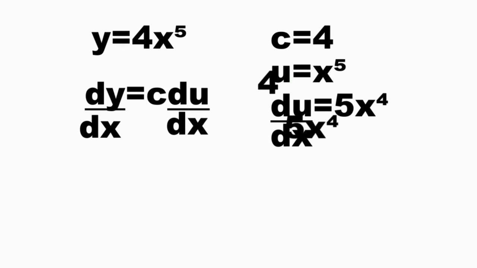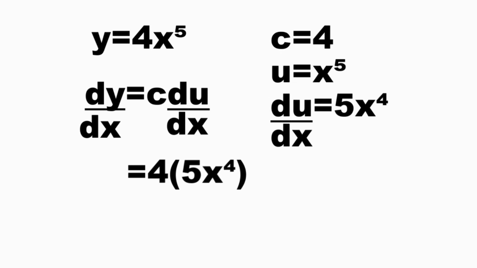Substitute 4 for c and 5x to the fourth for du over dx, so dy over dx is equal to 4 times 5x to the fourth. 4 times 5 is 20, so dy over dx is equal to 20x to the fourth. This is the final answer.